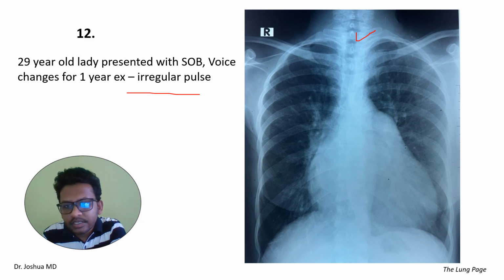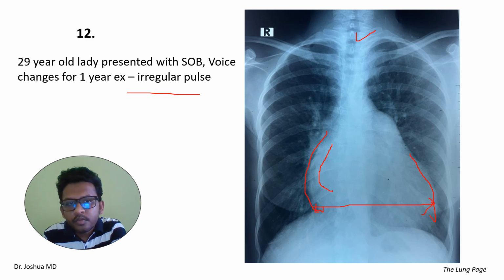When you see this cardiac shadow, I almost always tell it like this. You can see this is the right atrium. This is the left atrium. There is no right ventricle visible in the chest X-ray. Also you can see a massively enlarged heart.